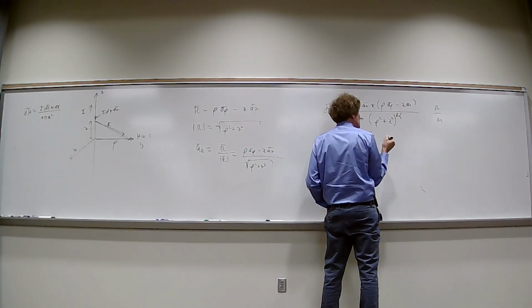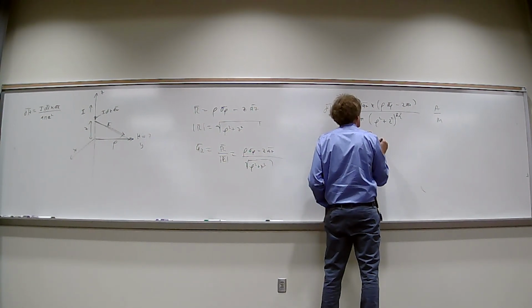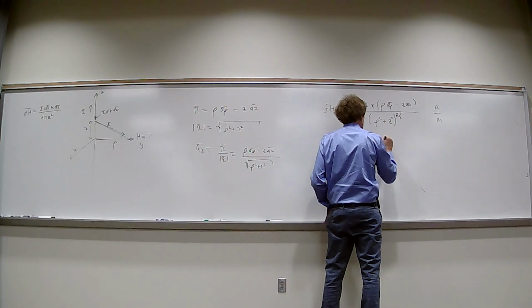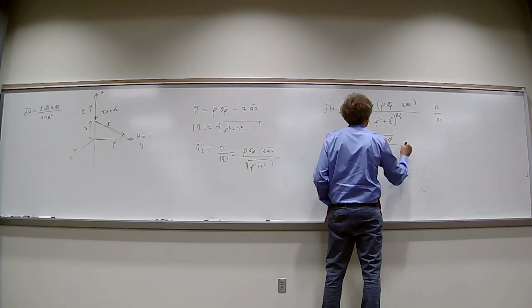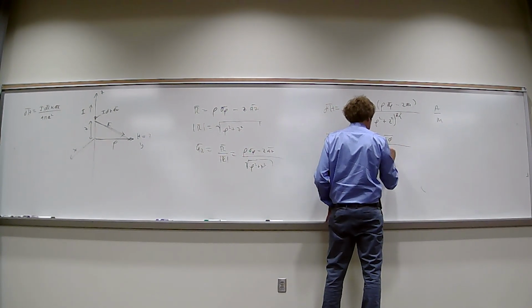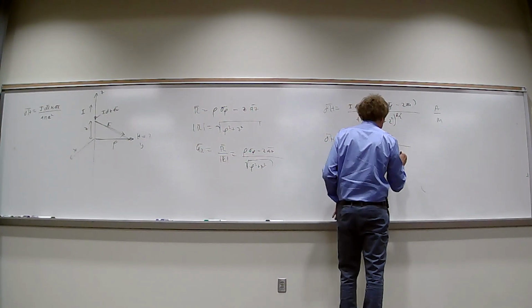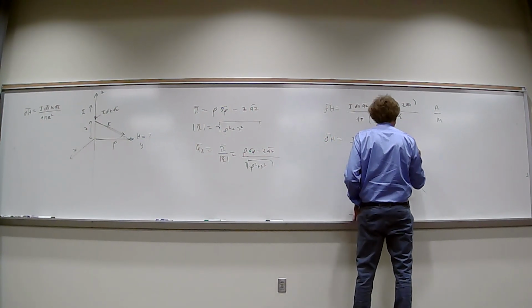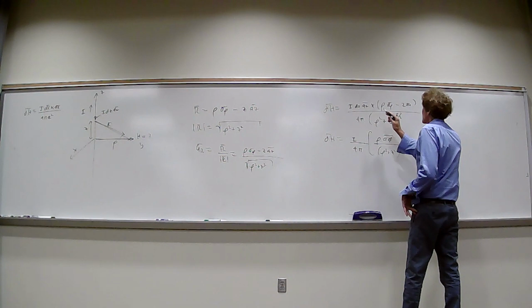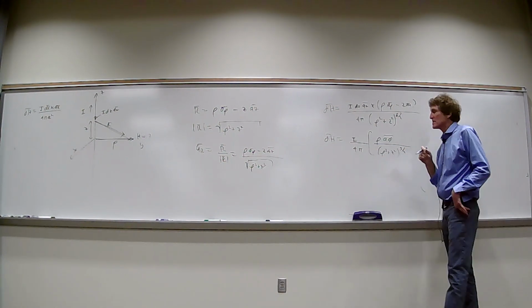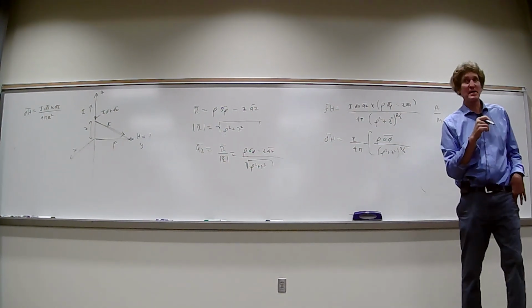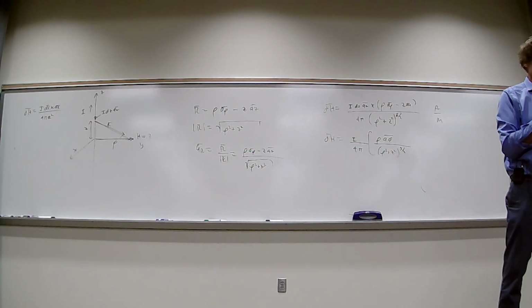What's z crossed rho, class? a_phi, right? So it's going to be rho a_phi all over rho squared plus z squared to the 3/2 power. And then we have z cross z. What is z cross z? a_z cross a_z is 0. Do y'all know this, class?